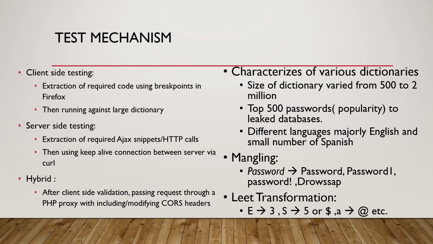Then they also include a technique called mangling. Mangling is a really basic technique where people try to put a small variation, like password becomes password1, password with a capital P, or the reverse of a password.